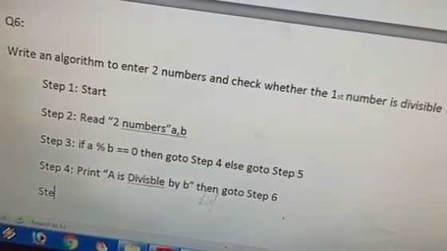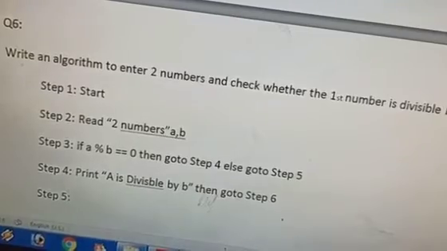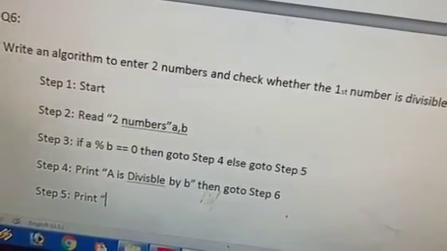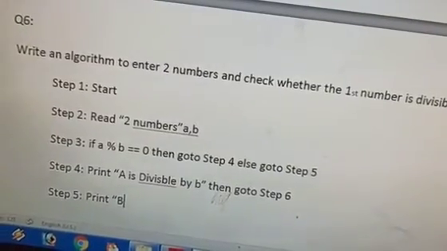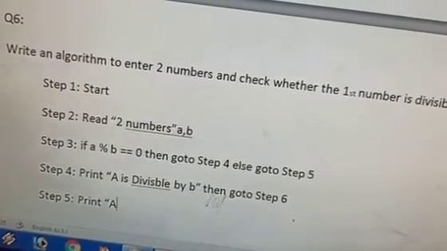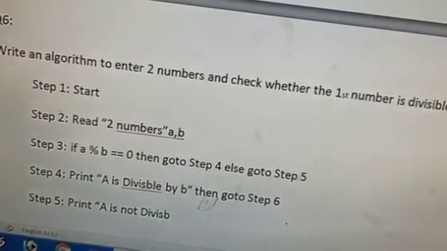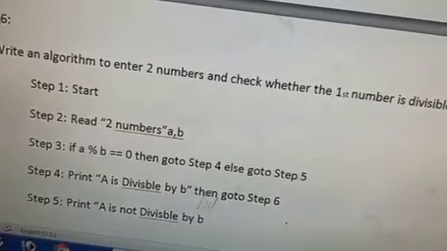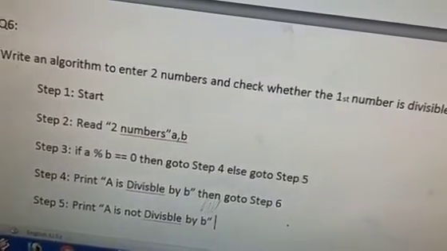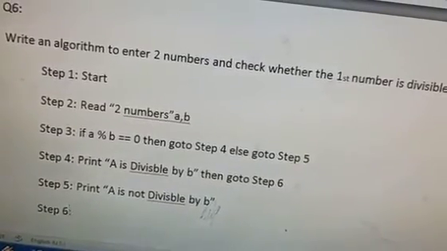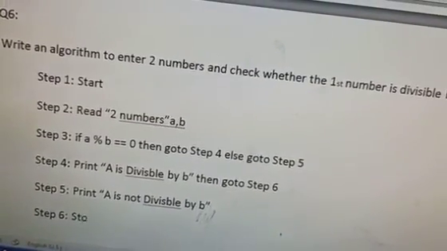Now in step 5 the opposite message. If the condition is false, that means A is not divisible by B. Then automatically it will move to the next step, on which we are writing here stop.